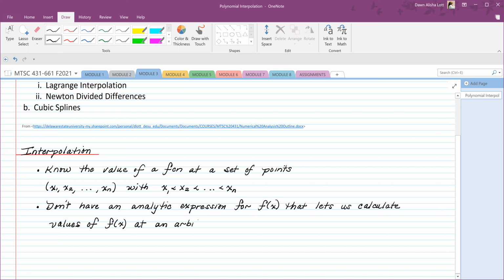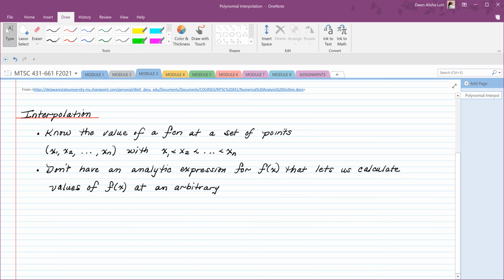So it's kind of like, let's say the x1 through xn are different times of the month. And then f is a function that basically tells you what the weather is at that particular time. Now, I don't have a function that tells me how to calculate the weather, but I do know what the value is at the particular x1 through xn.